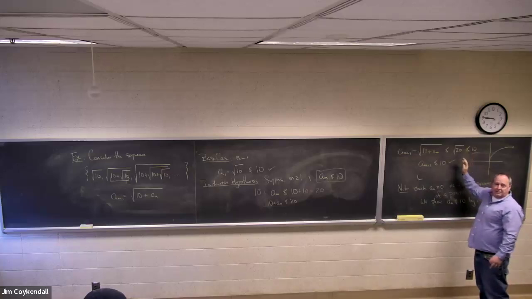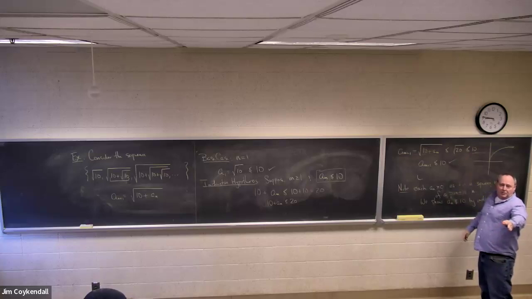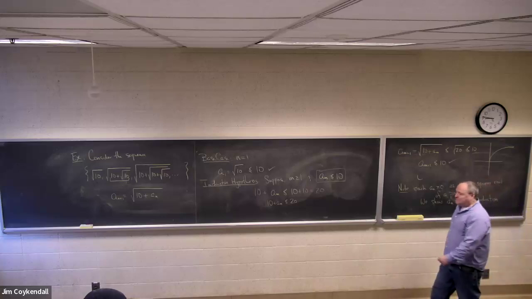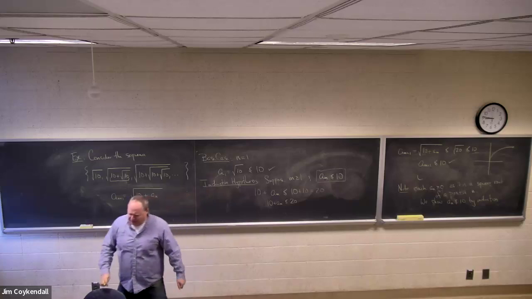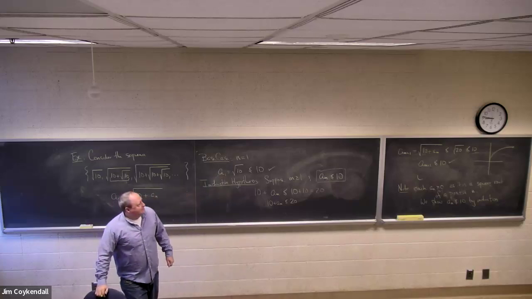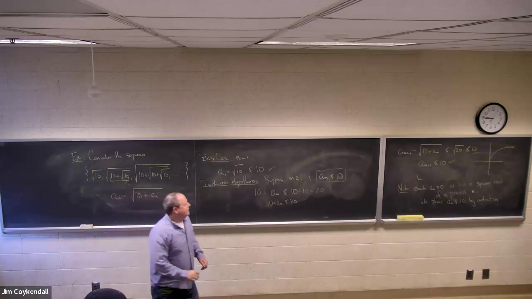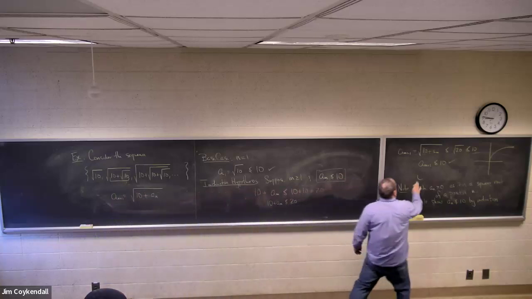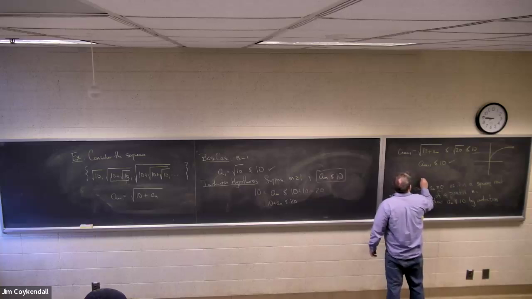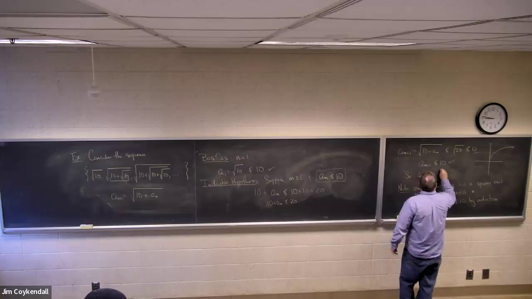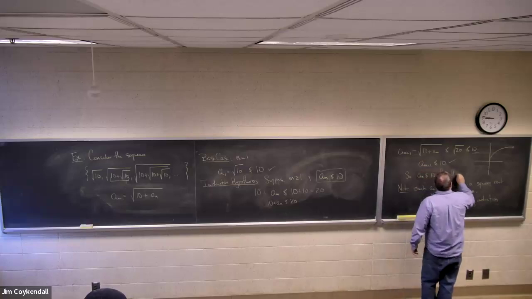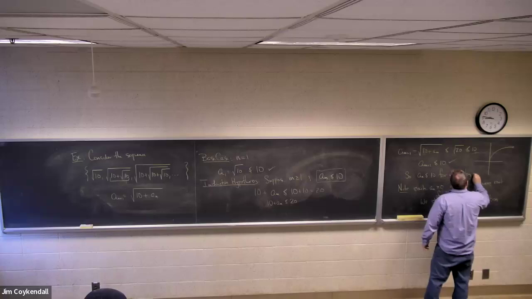And if I'd gone with your billion, it would have been even more dramatic, right? Okay. Any questions on that? So A N is less than or equal to 10 for all N by induction.